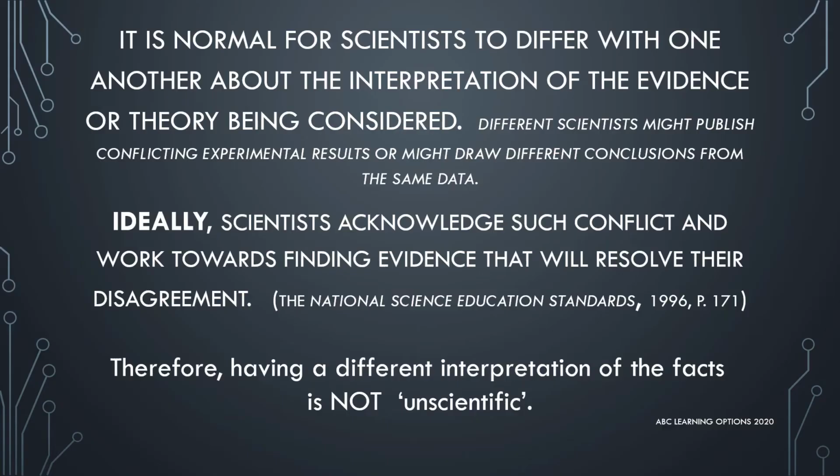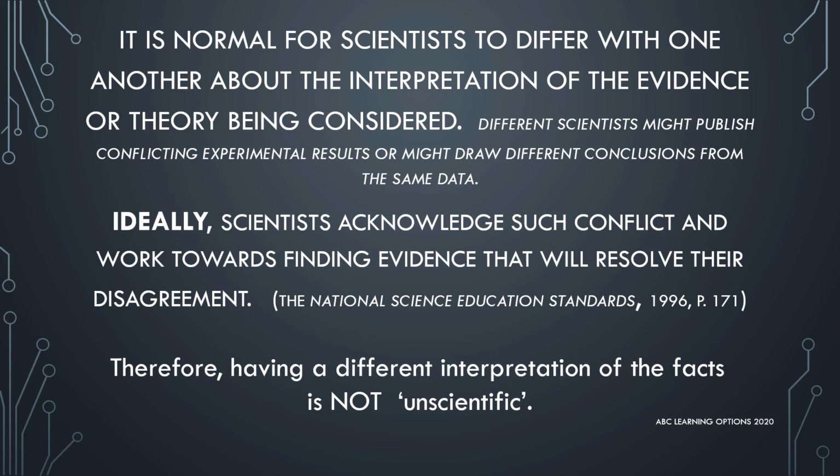It is normal for scientists to differ with one another. They can differ and still be scientific. It's the interpretation of the evidence or the theory being considered that we can differ on. Different scientists might publish conflicting experimental results, or they might draw differing conclusions from the same data. This is scientific still.